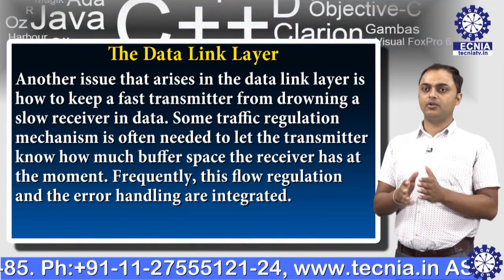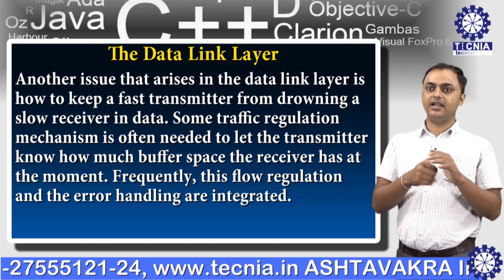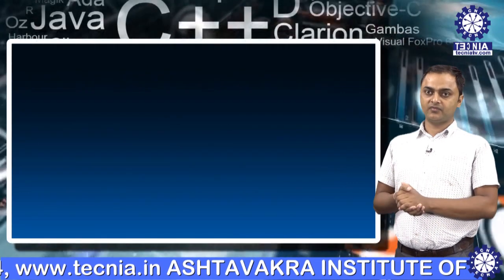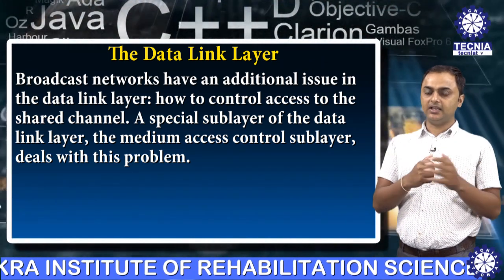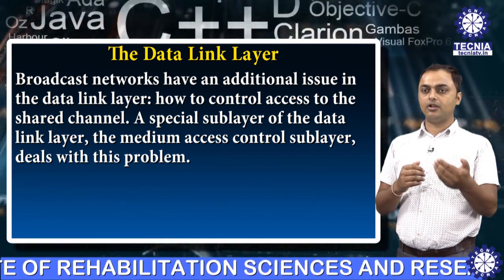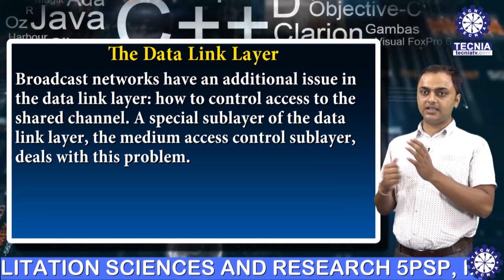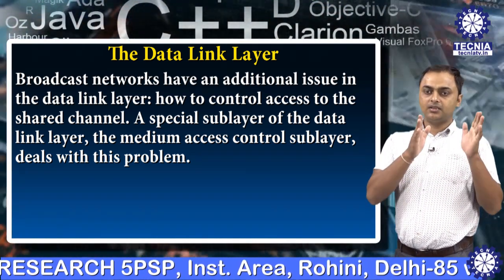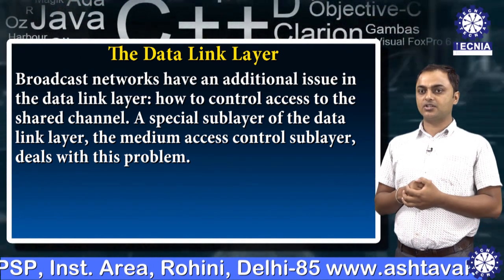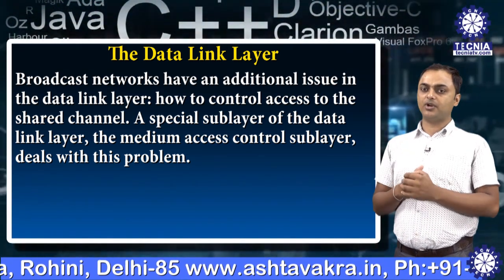Frequently, this flow regulation and the error handling are integrated. Broadcast networks have an additional issue in the data link layer: how to control access to the shared channel. A special sublayer of the data link layer, called the medium access control sublayer, deals with this problem.